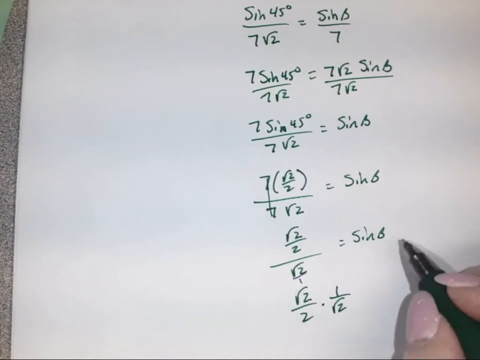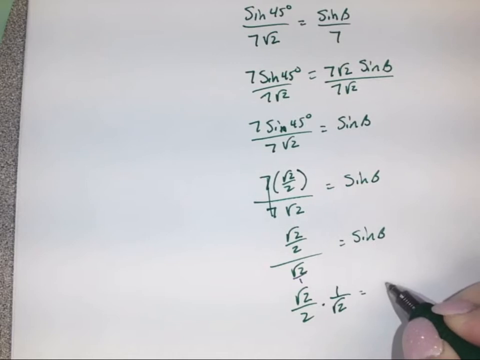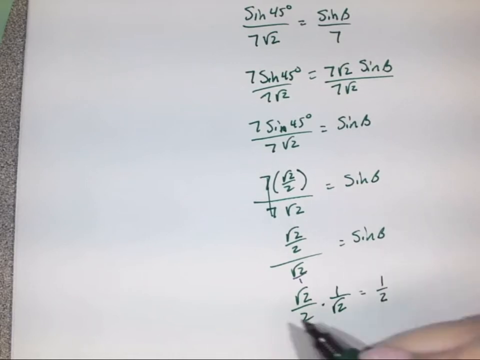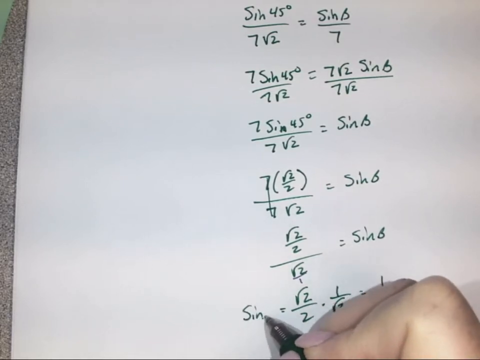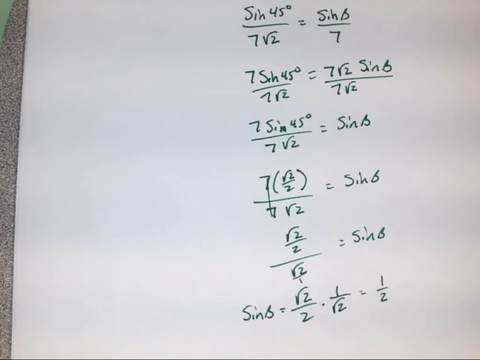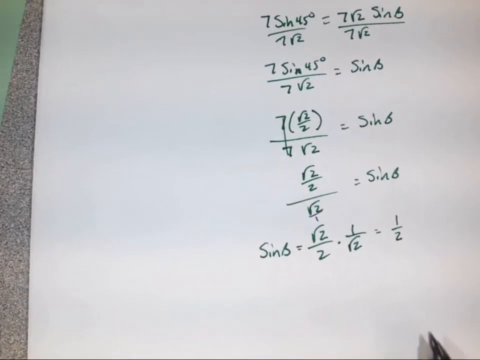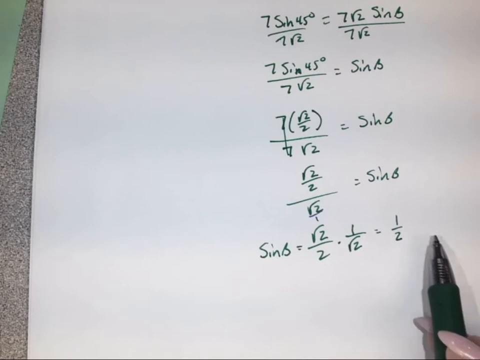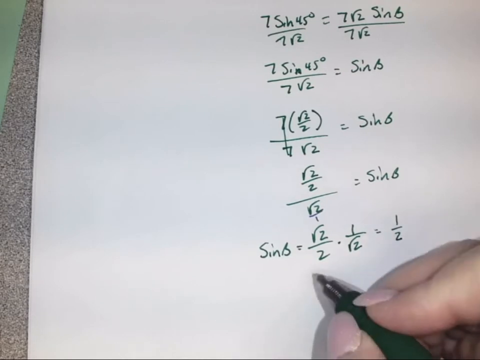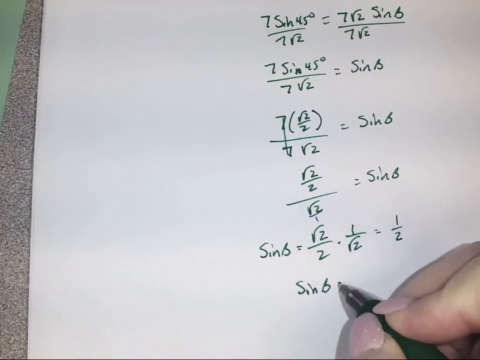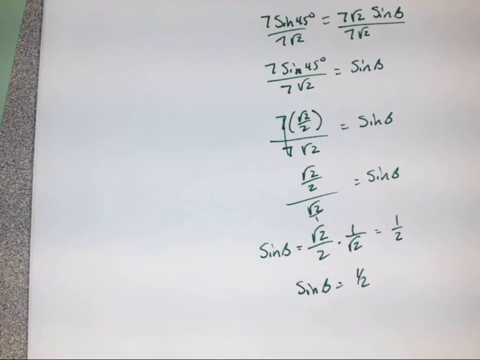So the square roots of 2 will cancel, and we'll end up with 1 over 2. And that is going to be our sine of B. So the sine of B is equal to 1/2.